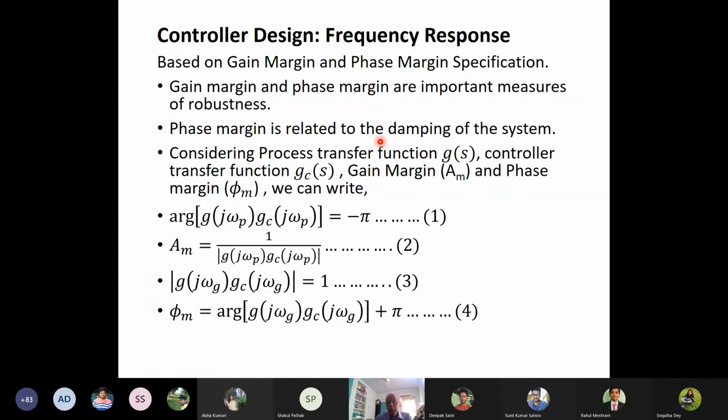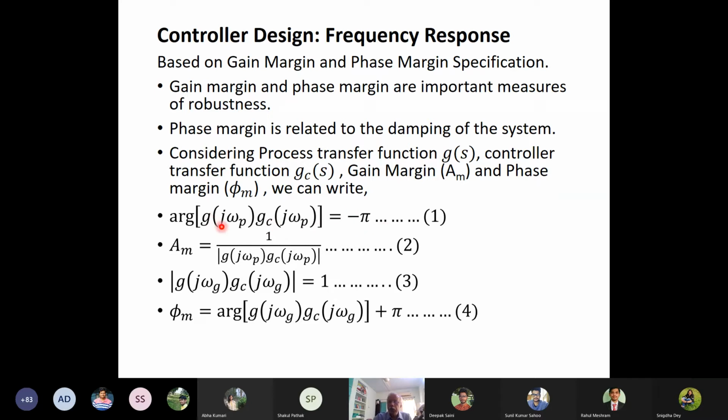Now, if we consider the process transfer function G(s) and the controller transfer function G_C(s), then from the definitions of the gain margin and the phase margin, we can write these four equations. One is the definition of the phase crossover frequency.